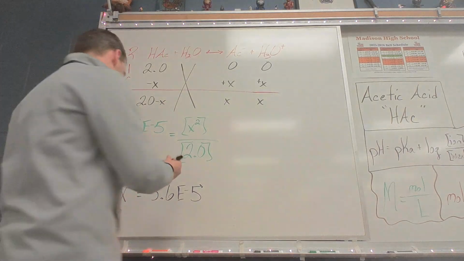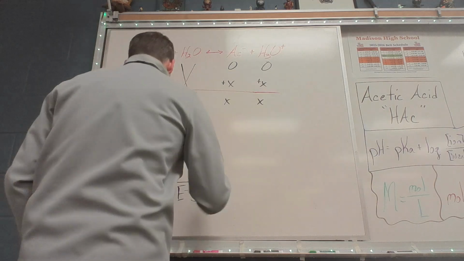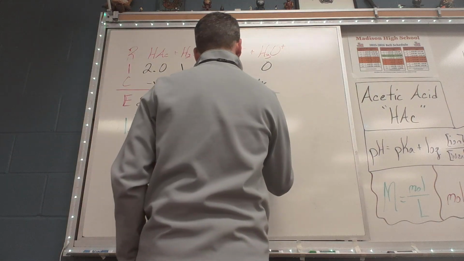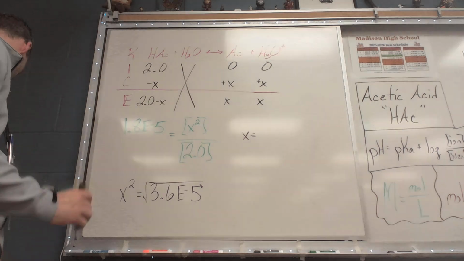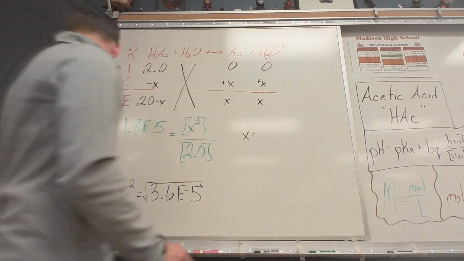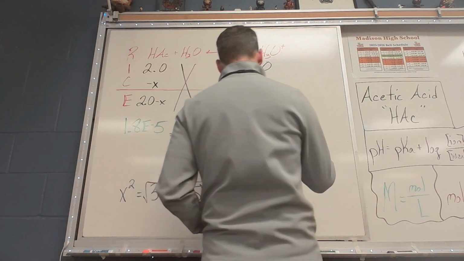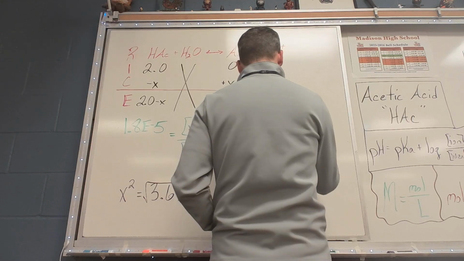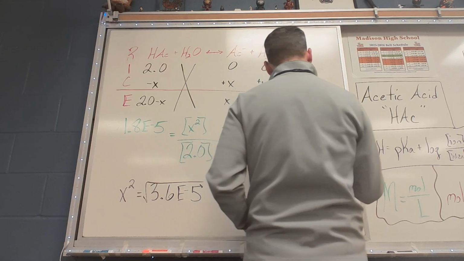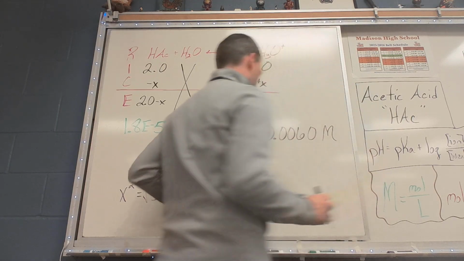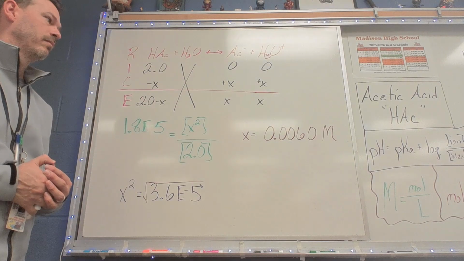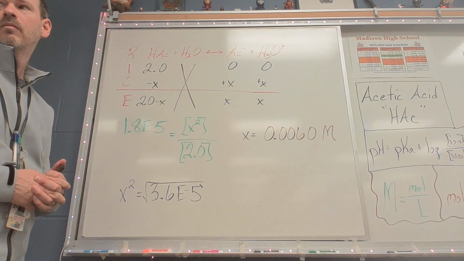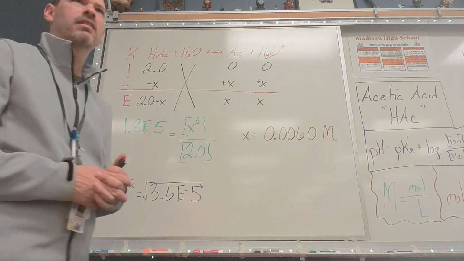Square root to isolate. 6 e negative 3, it might say.